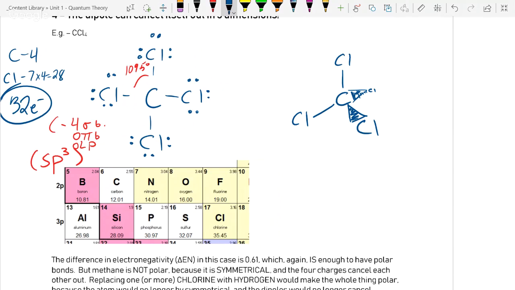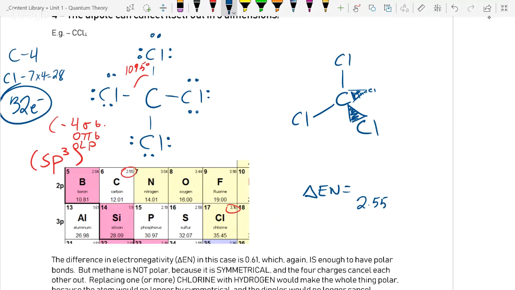Now, let's talk about the bond between carbon and chlorine. Is it polar? What's the difference in electronegativity? What's carbon's?